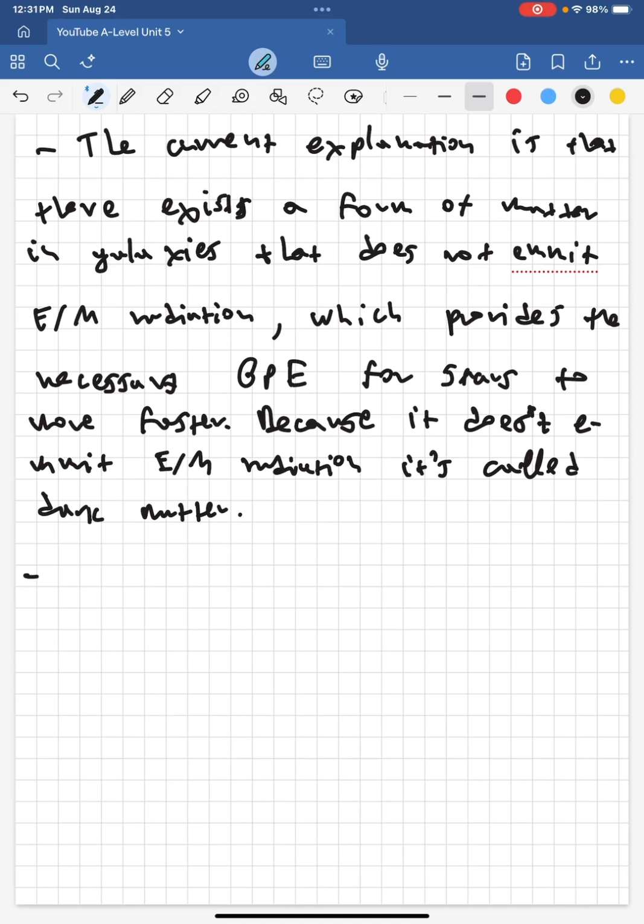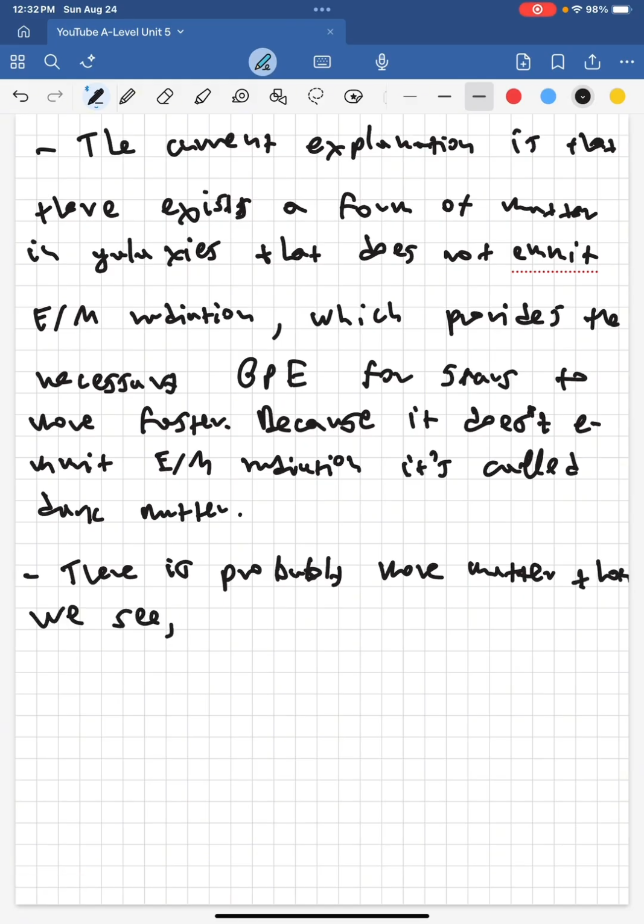So this implies that there is probably more matter than we see, hence more density, okay?